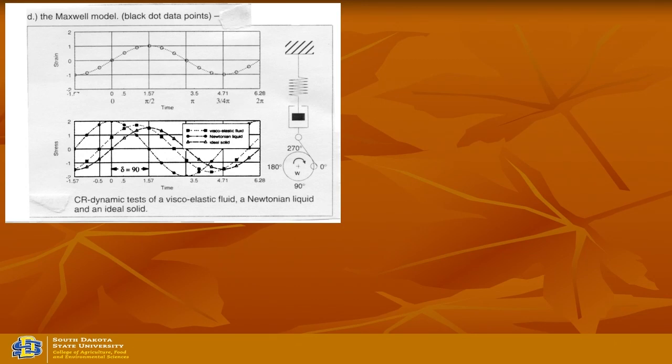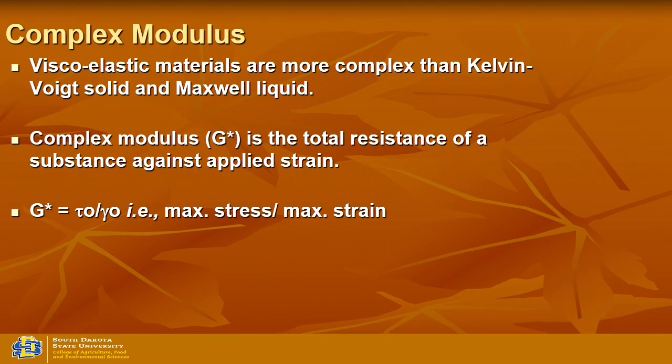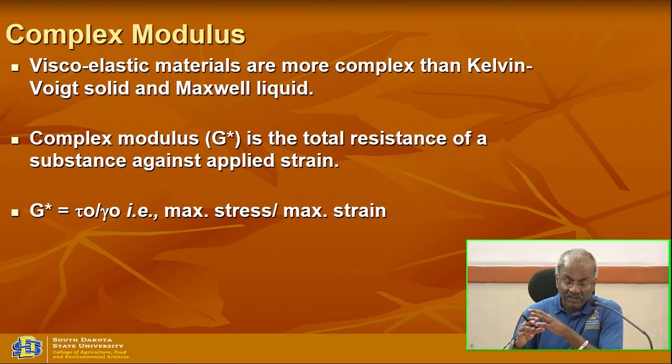So similar characteristics you also get here when you consider both spring and dashpot in series. So when you combine the Maxwell model and the Kelvin-Voigt model, that's why these materials are more complex than the individual ones. So we are combining those two, and then you get the complex modulus.